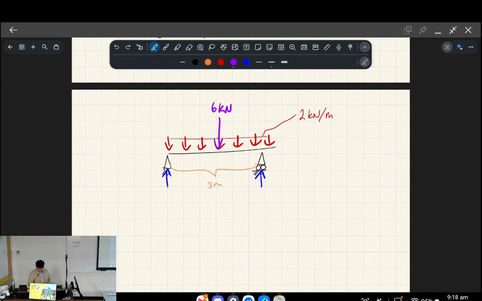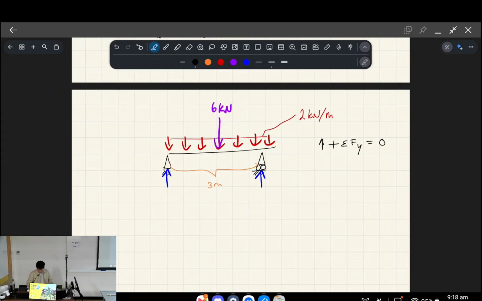And as a result, how do the forces want to balance? If we think about Newton's first law and the equilibrium of forces vertically, these two reactions want to balance out the external loads.